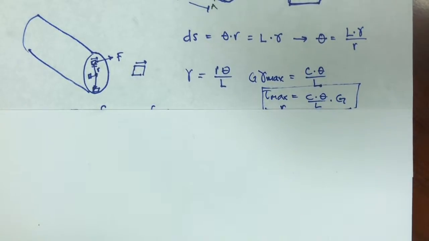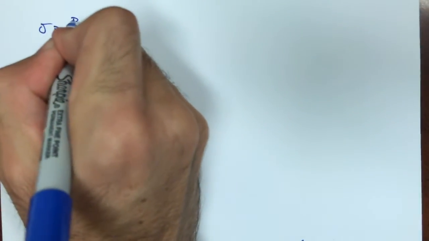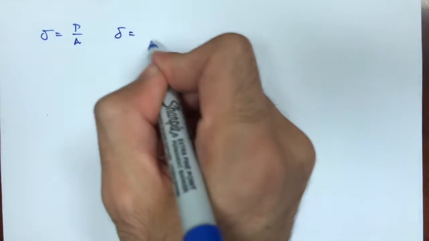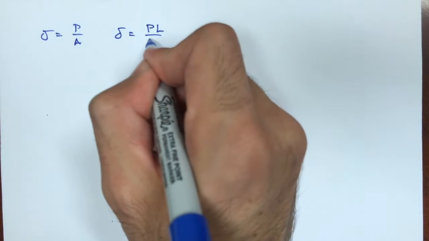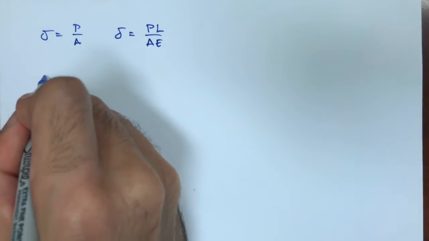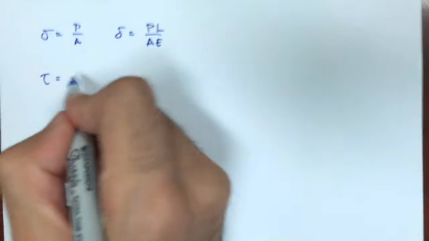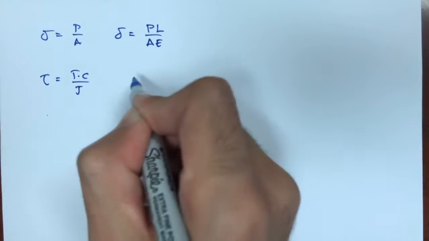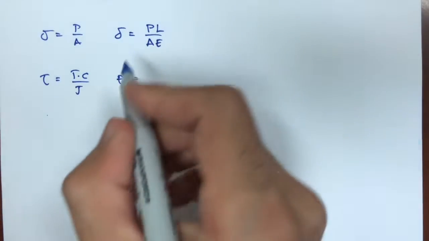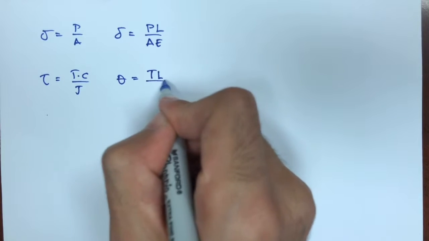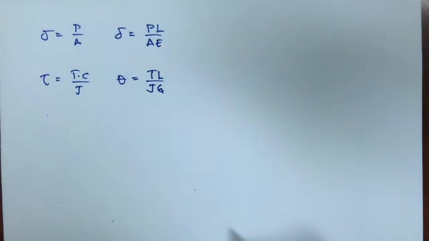So far we have normal stresses, P over A, and an associated deflection or change in length, PL over AE, and tau, which I know is the tau max TC over J, and an angle of twist, TL over JG. Okay.